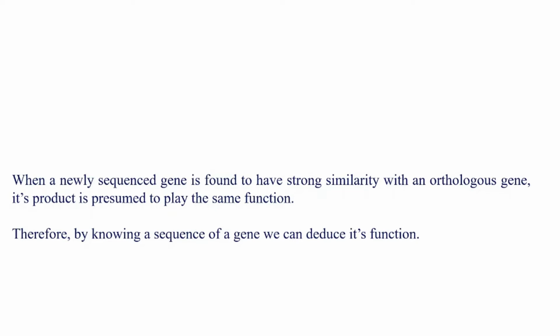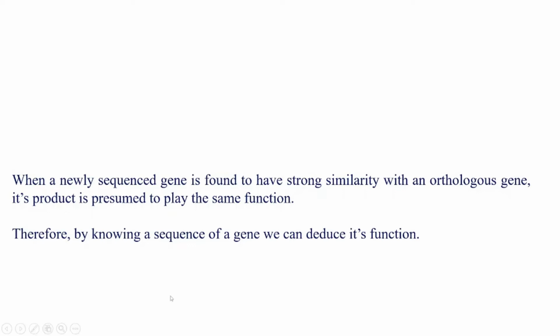All the genomic data, the sequences of the genomes of various organisms, are stored in a genome data bank. Whenever a new genome is sequenced, the newly sequenced genome is compared with the genome sequences in the genome data bank.